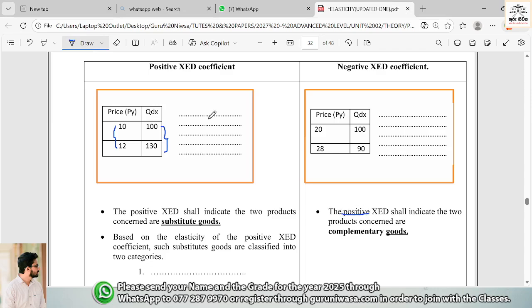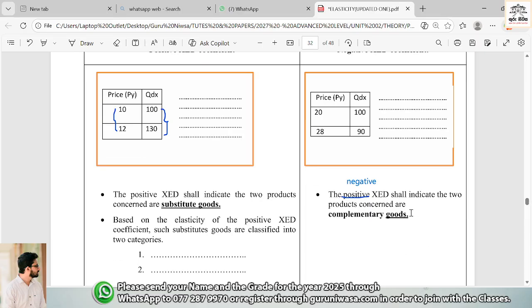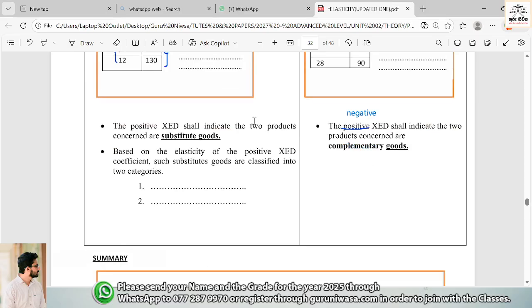A negative XED shall indicate the two products concerned are complements.